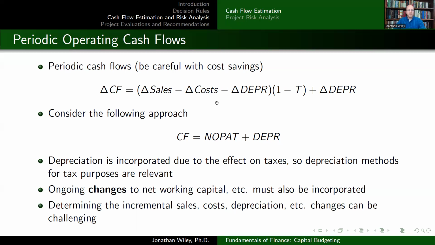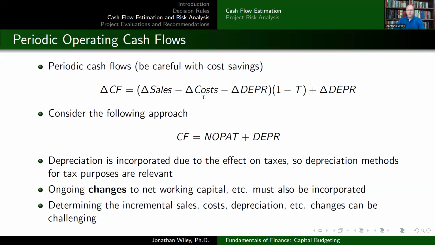However, when you're doing this, do make sure you're being careful about the signs, particularly if you have cost savings. So if a piece of equipment is expected to save you, say, $1 million in costs a year, you need to make sure that you're showing it as a positive impact here due to the fact that it is a cost savings. So you basically have to pay attention to the signs you're using when doing these kinds of calculations.